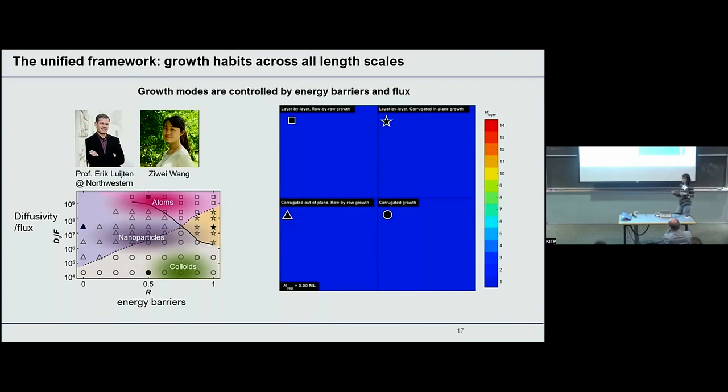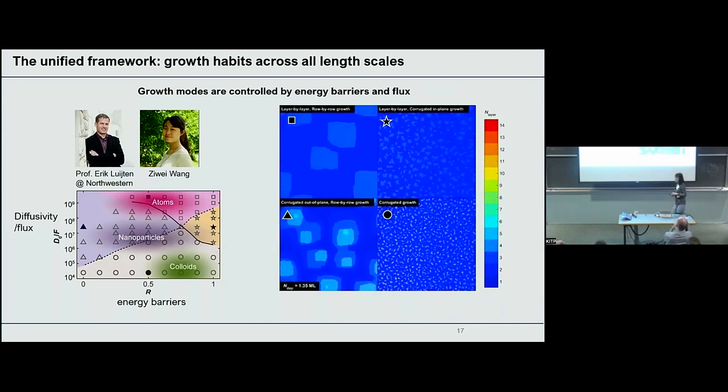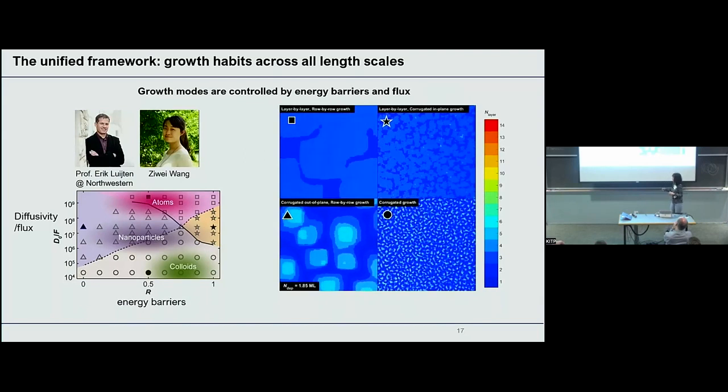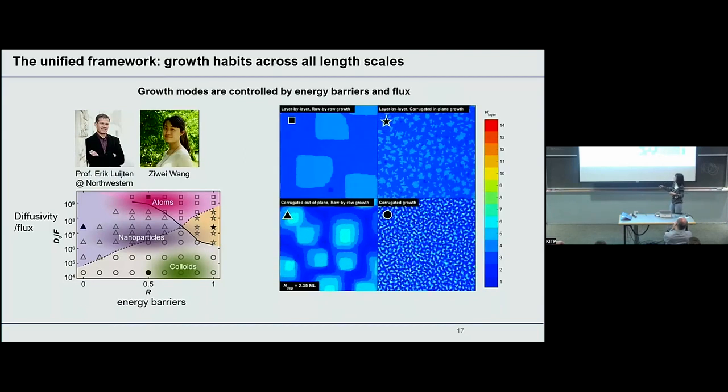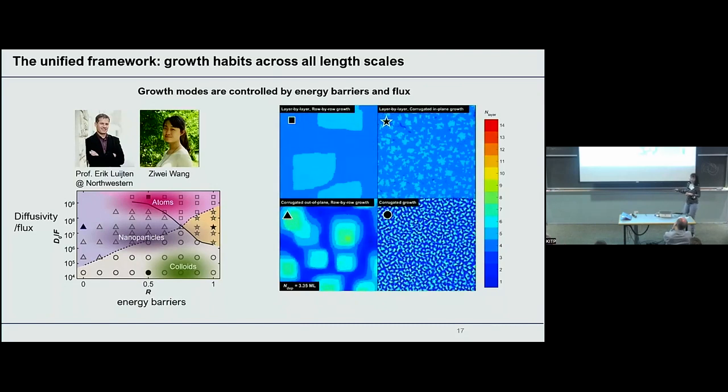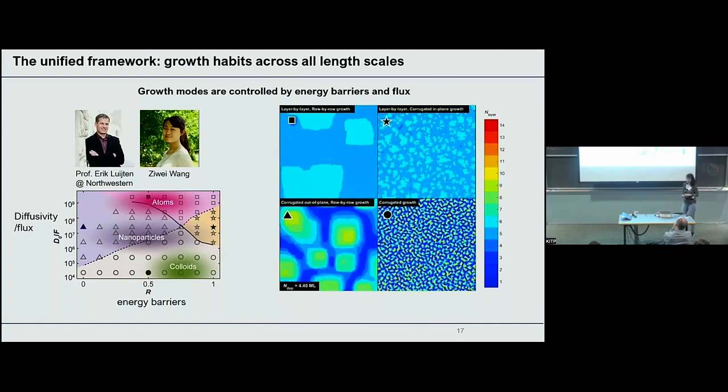There are 2 pieces of information I'd like to highlight. First, they were able to use simulations to reproduce all 4 growth modes, as shown here. And second, because they could do many simulations, they can plot this phase diagram. In this phase diagram, the x-axis is the ratio of the energy barriers, and the y-axis is diffusivity over flux.